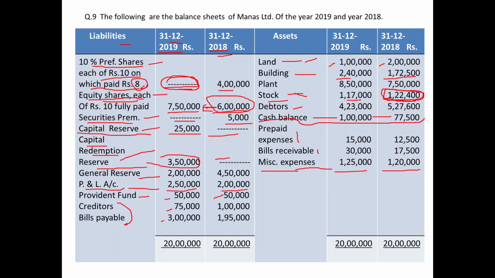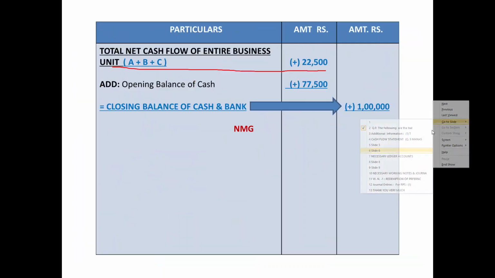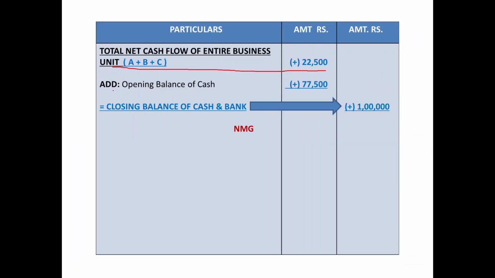Last year it was 77,500, and the current year's closing balance is 1 lakh. So add opening balance of cash and bank 77,500, which is equal to closing balance of cash and bank 1 lakh rupees.